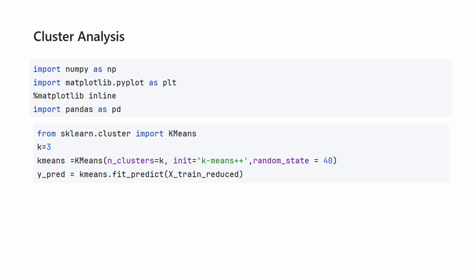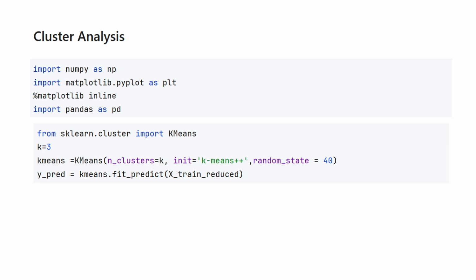By default, scikit-learn uses the k-means++ initialization method, which chooses more suitable starting centroids than purely random initialization. This generally leads to faster convergence and more stable clustering results. Finally, the fit_predict method both fits the k-means model to the data and assigns every sample to one of the three clusters.